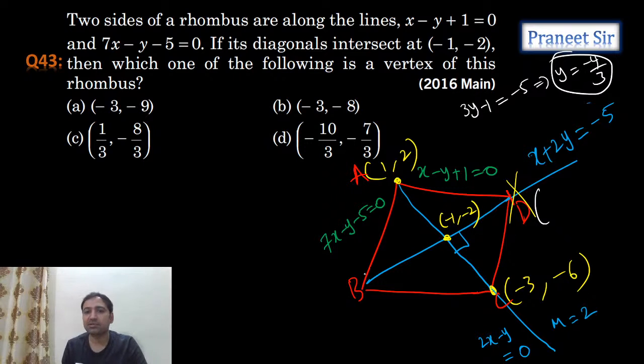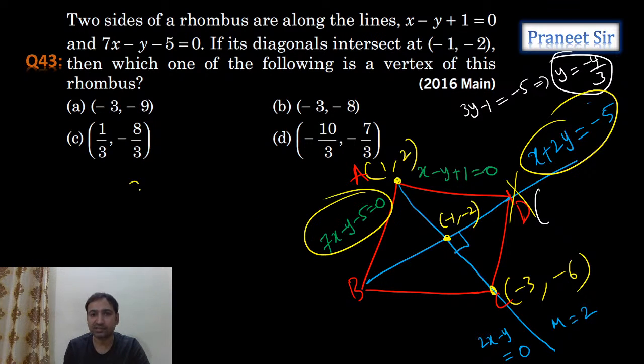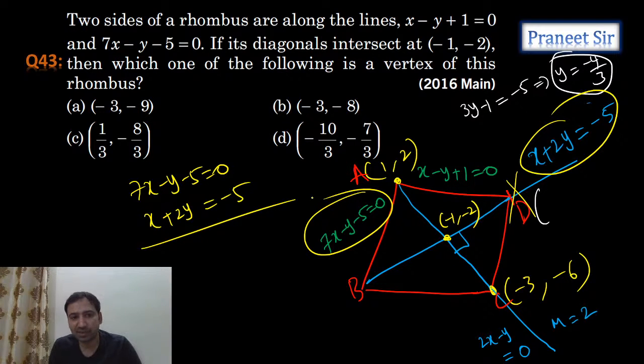So let's calculate B, guys. Solve these two lines: 7x minus y minus 5 equals 0 and x plus 2y equals minus 5. Let's add these two equations. If I add them, 8x plus y equals 0.